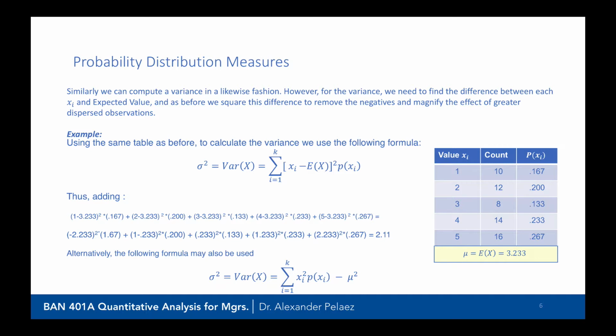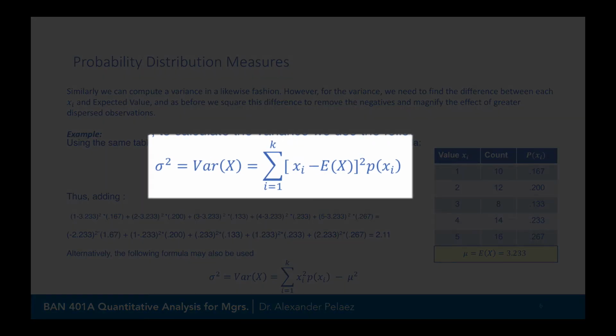So using the same table as before, we calculate the variance using the following formula. Again, we'll use sigma squared, which is equal to the variance of x. We will add up each of the individual pieces, which is xi minus the expected value of x, which we found in the previous slide to be 3.233, and we will square it. We'll then multiply it by the probability of xi.